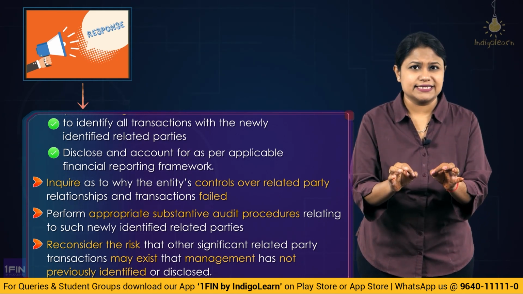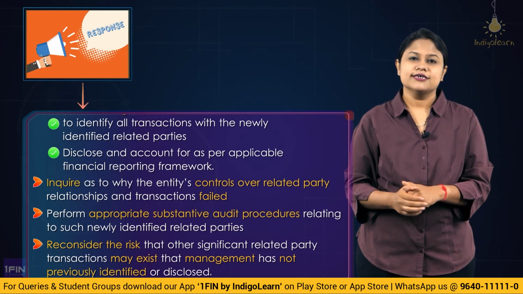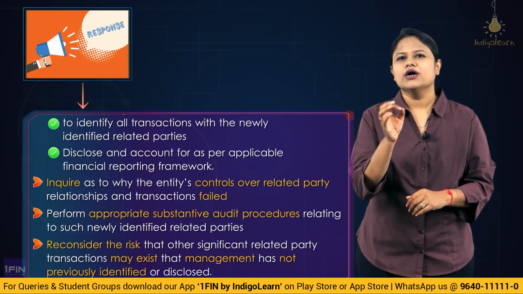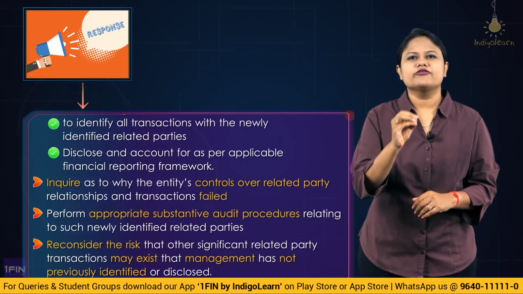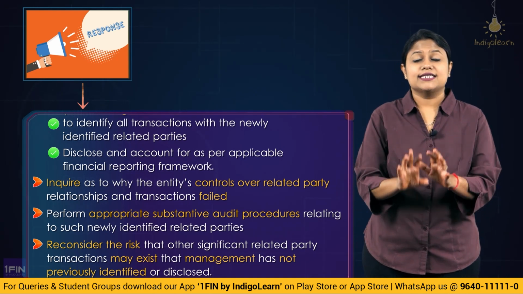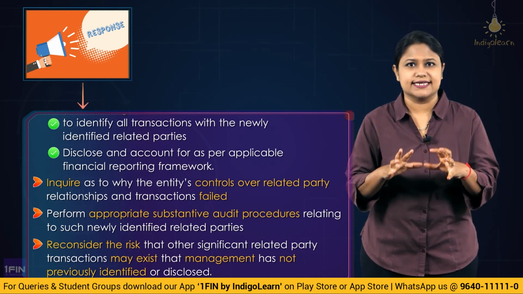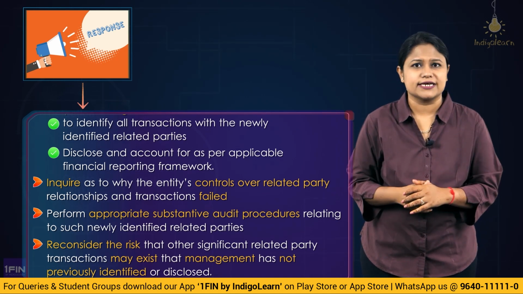Is there any possibility that we could come across something more which management has not told us? So in that case, you have to extend your procedures, perform additional procedures and come to a conclusion or an understanding that there are no other related parties, or at least an understanding to yourself that yes, related parties are there or not there.